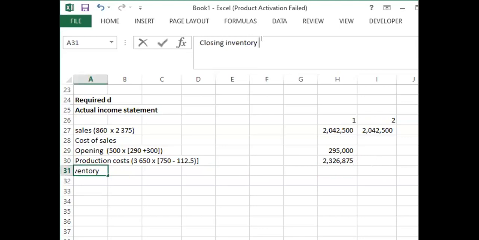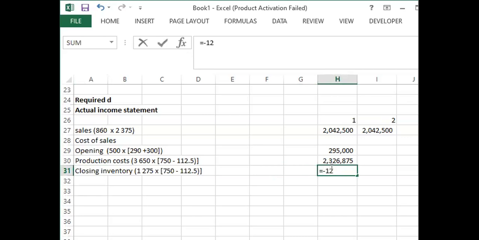Closing inventory is going to constitute some of the inventory items that we manufactured during the period. In terms of units, it's 1275 from the question. Then we multiply that again using the same cost, 750 minus 112.5. We want this to be negative here, so we put it as a negative.